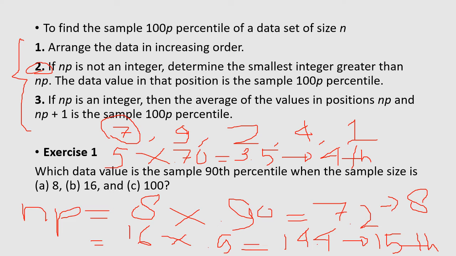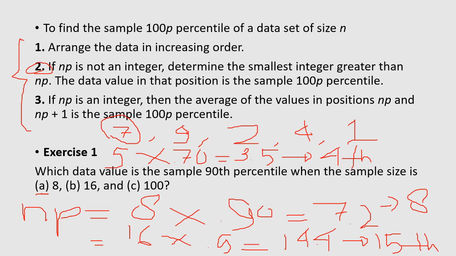Here, in the first one, the 90th percentile is the 8th position. That means the highest value, because there are only 8 scores in the dataset. Then the 90th percentile happens to be the 8th position.